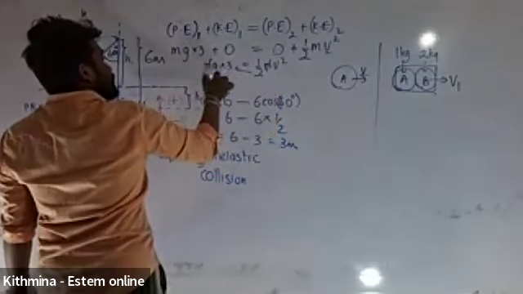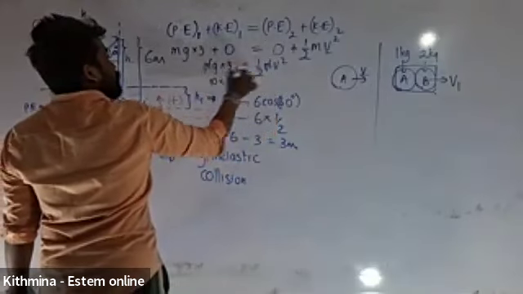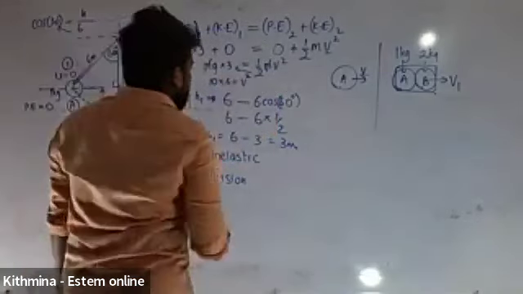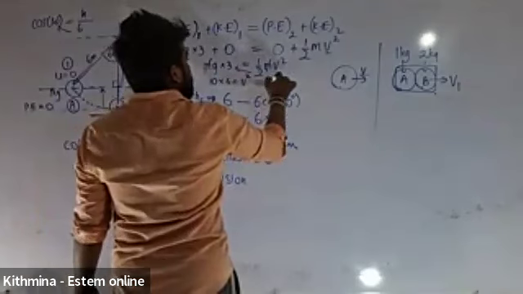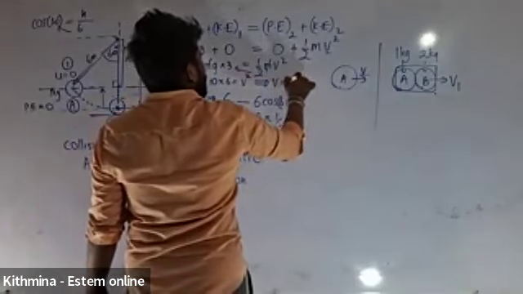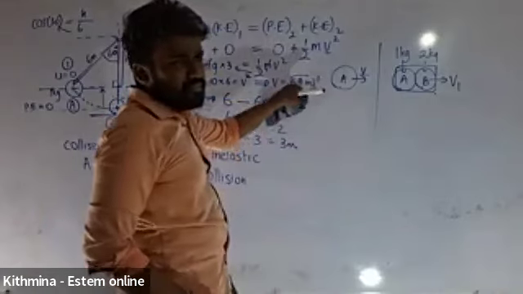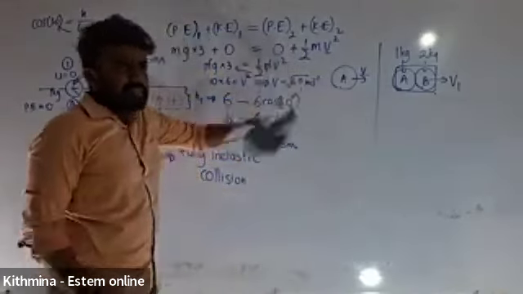Now g is 10, 3 into 2 is 6. Then v squared equals 60, which means v equals root 60. Don't simplify this. They're not asking for it, so keep it in here.